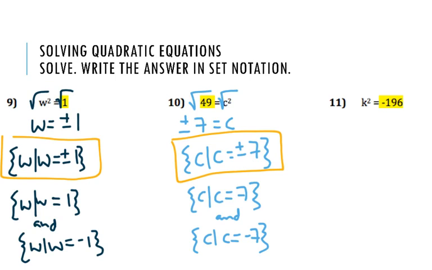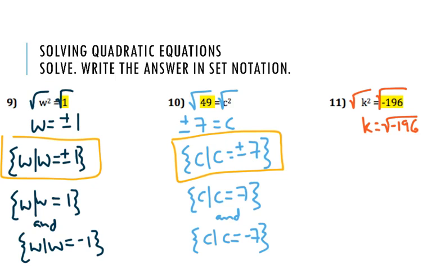Okay, number 11. We have k squared equals negative 196. So if we take the square root of both sides to undo the squaring of k, we get that k is equal to the square root of negative 196.